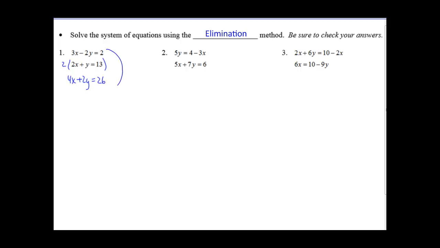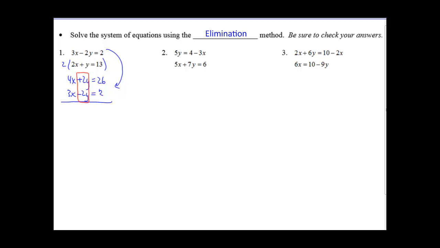If I bring this down and say 3x minus 2y equals 2, notice these right here are opposites, and that's what we want. We want opposites so that we can add them together and get 0.